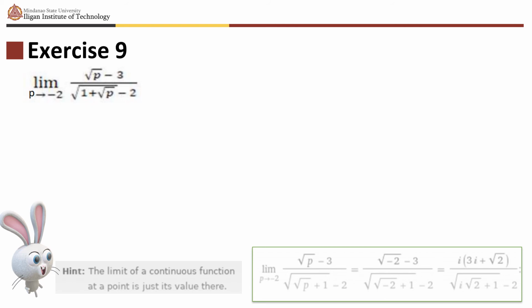Notice that this is still defined in terms of complex numbers, the square root of negative 2 and square root of negative 2 here. So if we simply substitute the value, we come up with square root of minus 2 minus 3 all over square root of the square root of minus 2 plus 1 minus 2 here.